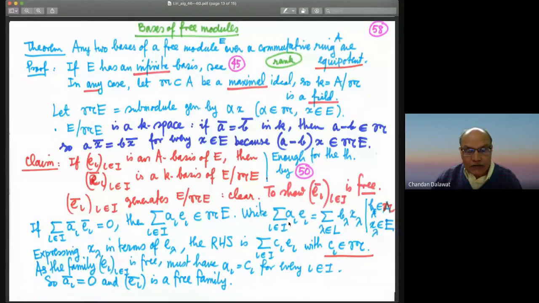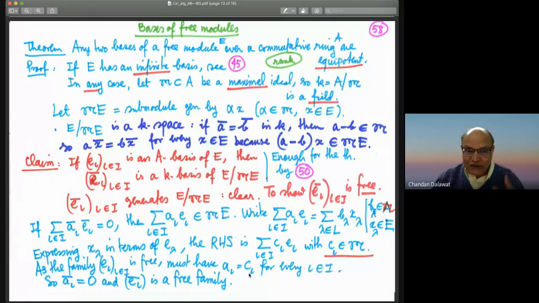And I get this relation, right? This expression equal to this expression. The coefficients here are alpha iotas, and the coefficients here are C iotas. But the family E iota is free, which means that alpha iota must be equal to C iota for every iota.